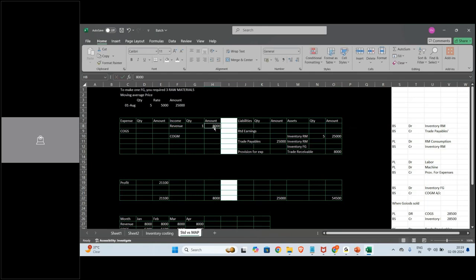So one unit from my inventory on the balance sheet will reduce. What will be the cost of inventory? 5,000. We sold at 8,000, but inventory will reduce by 5,000. What is the other side of the entry? Debit COGS, credit inventory.